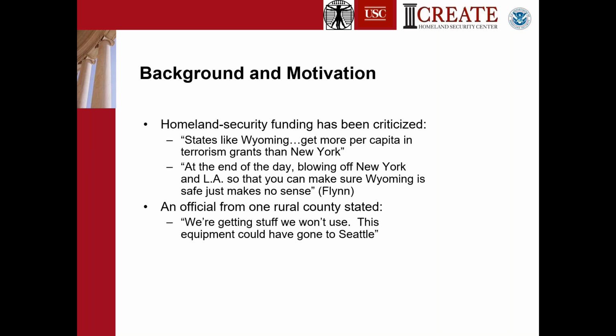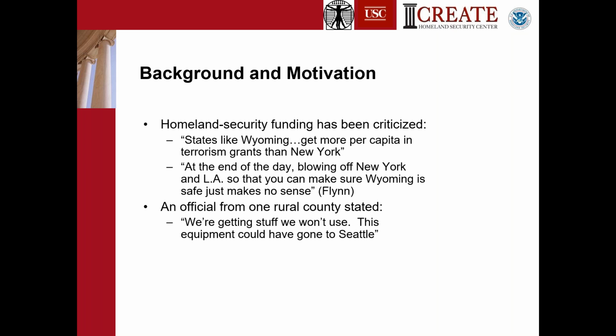In the very early days after September 11th, Homeland Security funding was widely criticized as being essentially too pork barrel oriented. For example, you have people like Stephen Flynn commenting that states like Wyoming were getting more per capita in terrorism grants than New York. Blowing off New York and LA so that you can keep Wyoming safe makes no sense.